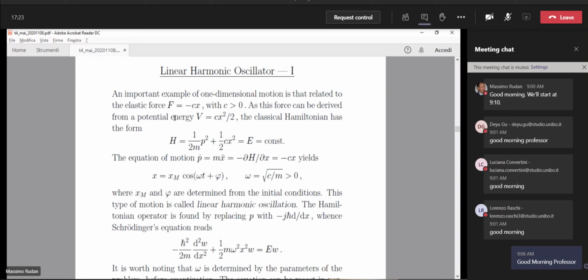And then we truncated the series to the second order. So we had a potential energy that was quadratic and the force that was linear with respect to the displacements. This is exactly the same case that we are discussing here. Simply here we are considering a single particle.